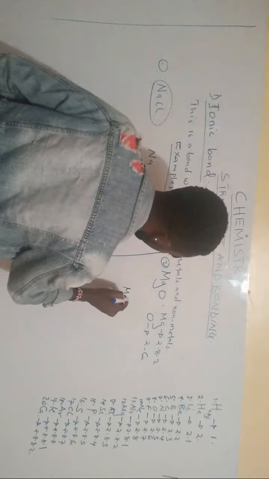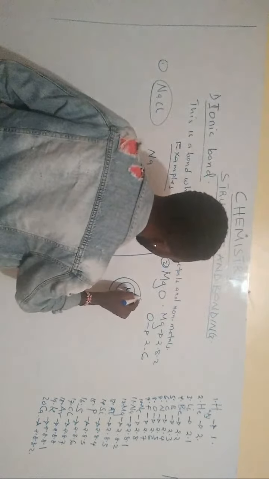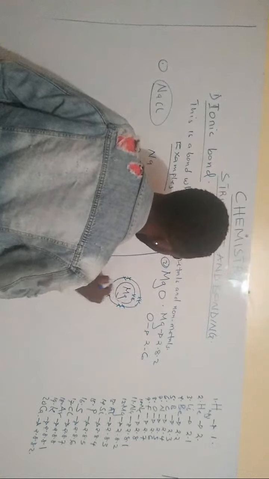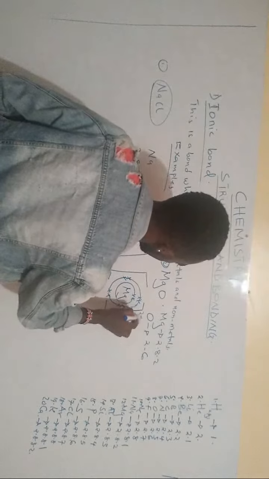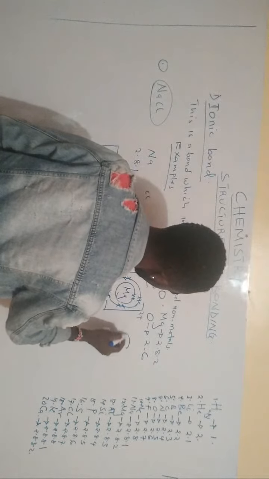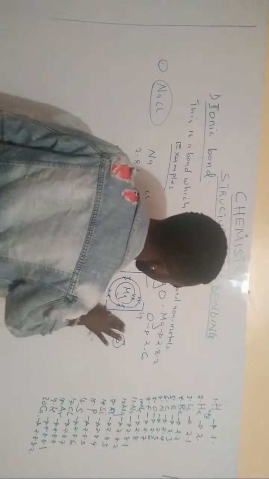So magnesium will form an ion, which is a cation, with 2 and 8 electrons remaining. Since it has lost 2, it is 2 positive. Oxygen has gained 2, so it has 2, 8. We get a big structure.